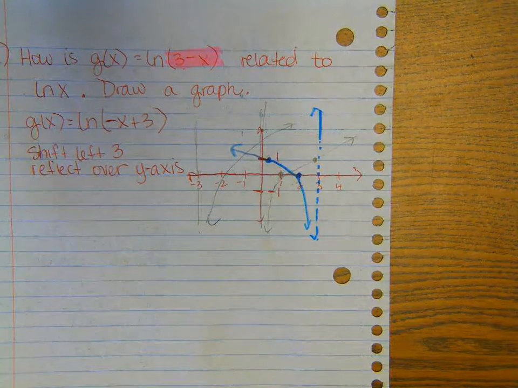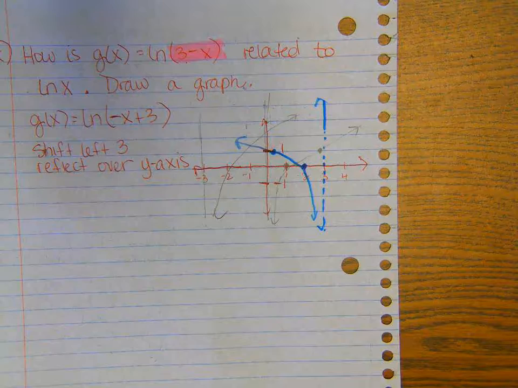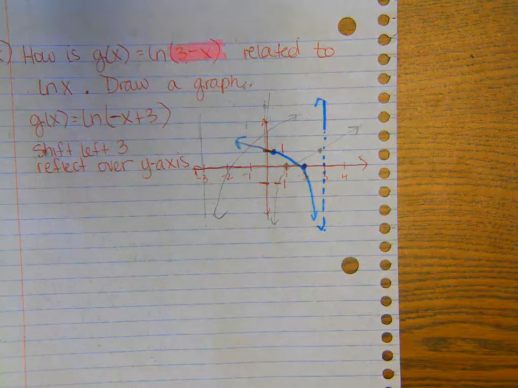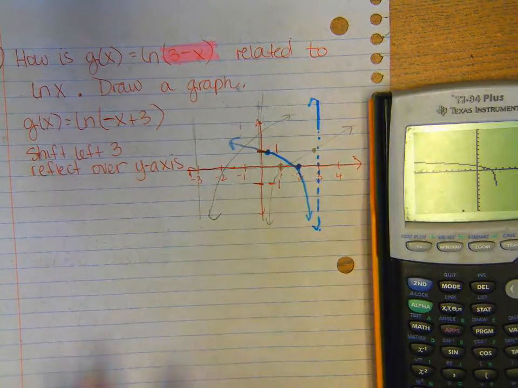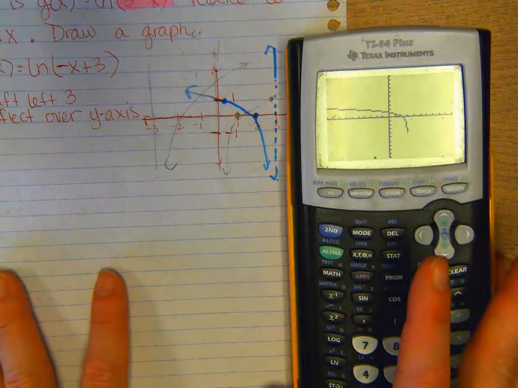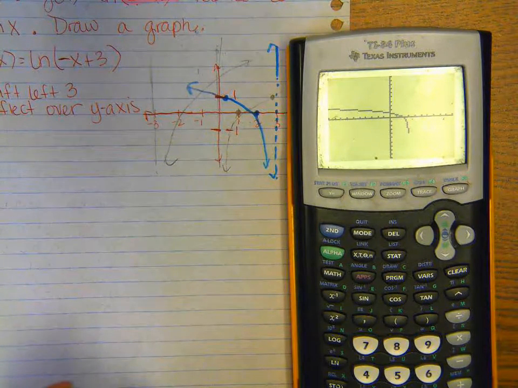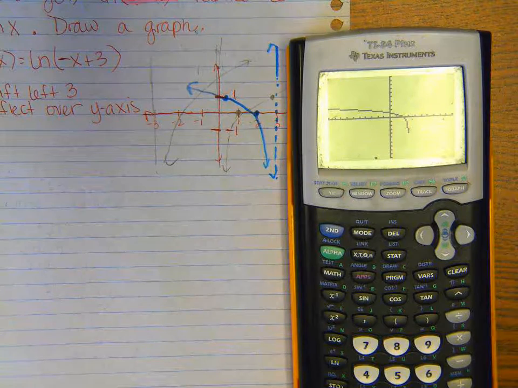Alright, so let's take a look at how we did. This one we can check on our calculator because it's a natural log. How did I do? Does it look right? Okay.